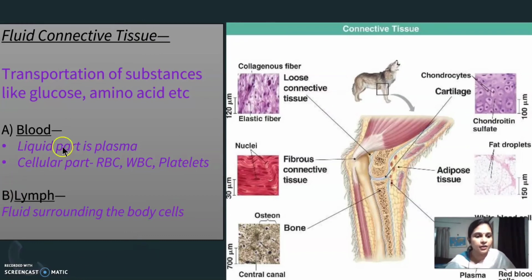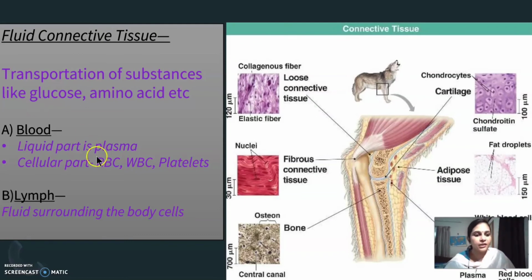Okay, here on the screen you can see blood and lymph. So blood is composed of both liquid and cellular part. The liquid part of blood is known as plasma and the cellular part of blood is known as the RBC and WBC. The full form of RBC is red blood corpuscles. WBC is white blood corpuscles, and platelets.